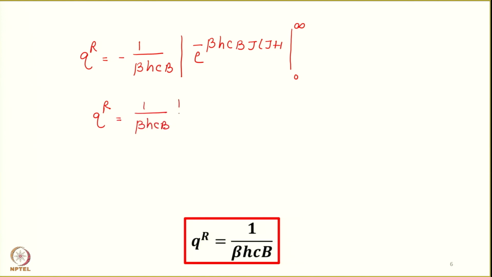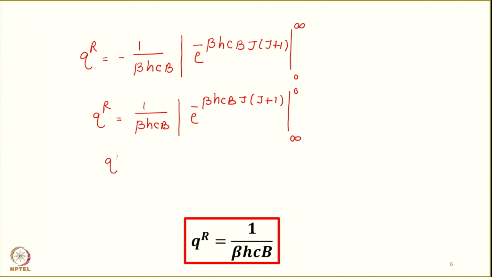Or in other words, q_R is equal to 1 over beta hcB, and I have exponential minus beta hcB J into (J plus 1), and let me reverse this because I am consuming the negative sign.